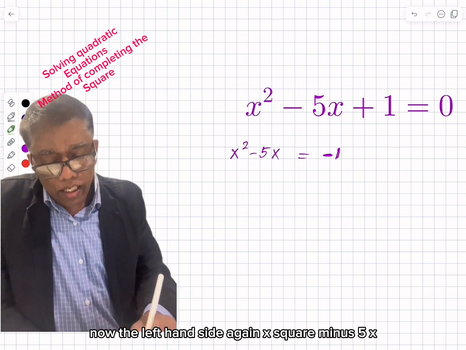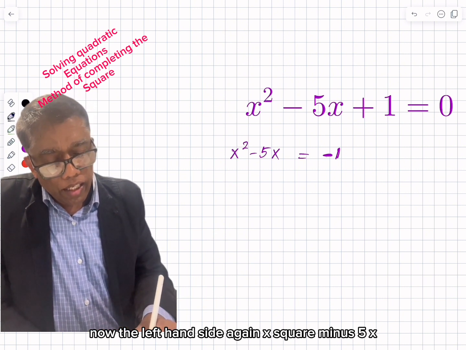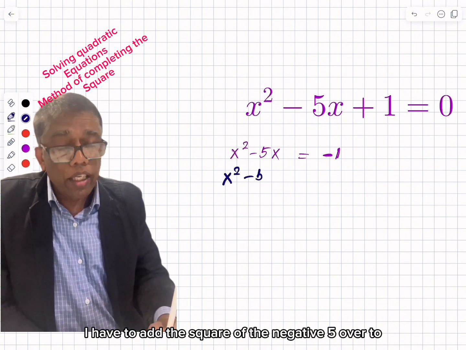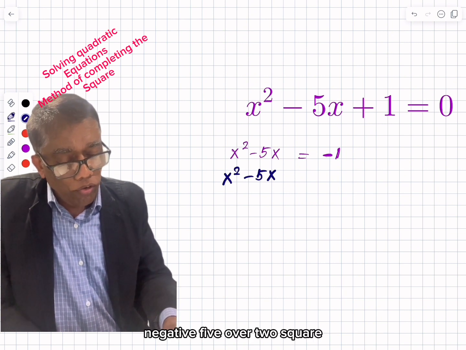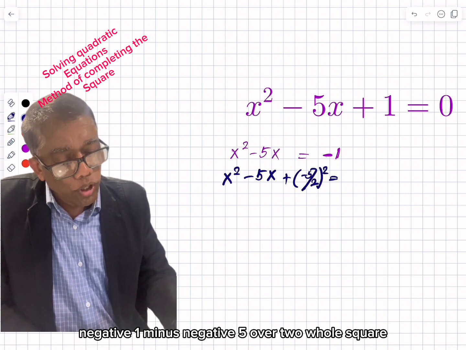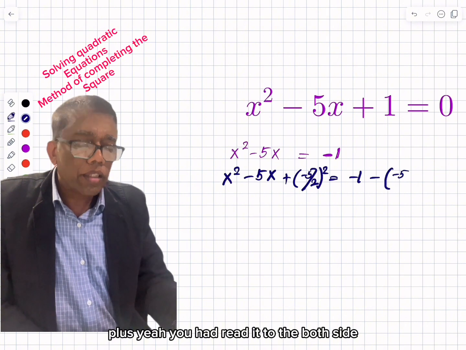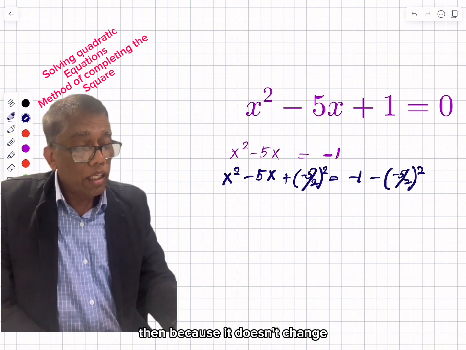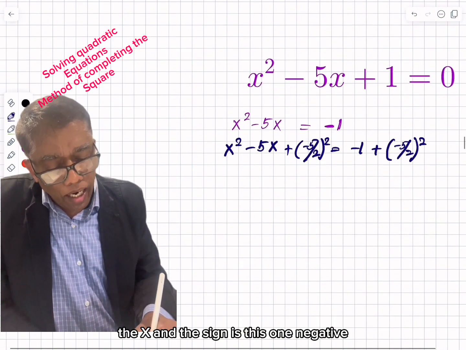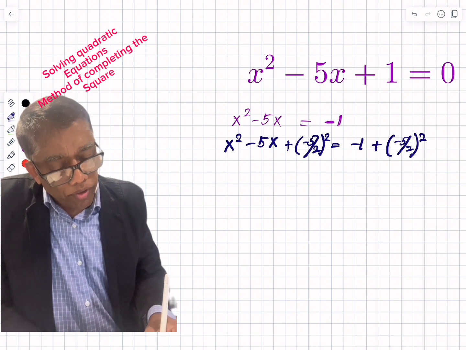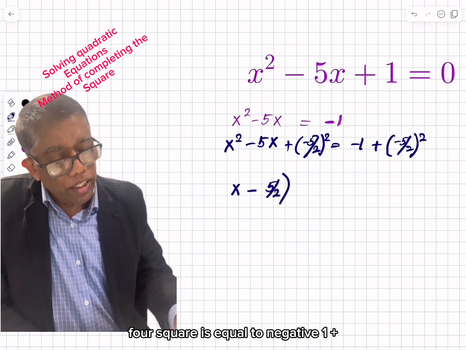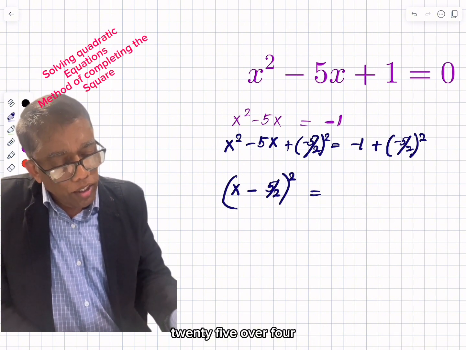Now the left hand side, again x square minus 5x, I have to add the square of negative 5 over 2 to both sides. Then the left hand side, x minus 5 over 2 whole square, is equal to negative 1 plus 25 over 4.